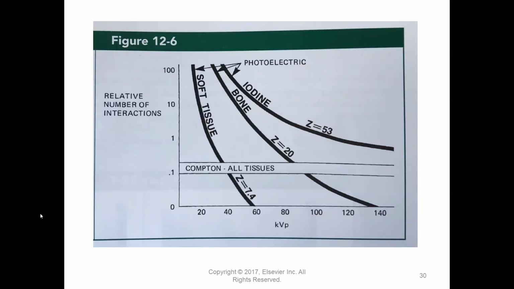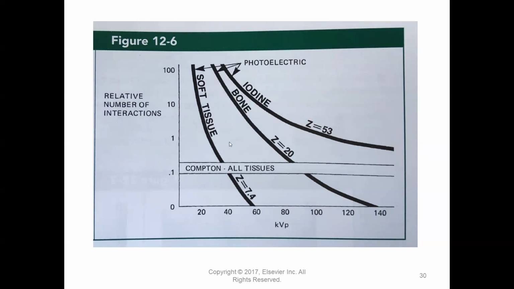So this is another combo chart, photoelectric and Compton displayed at kVp ranging from 0 to over 140. So let's look back here at 40 kVp. Pretty good odds of photoelectric absorption in soft tissue.